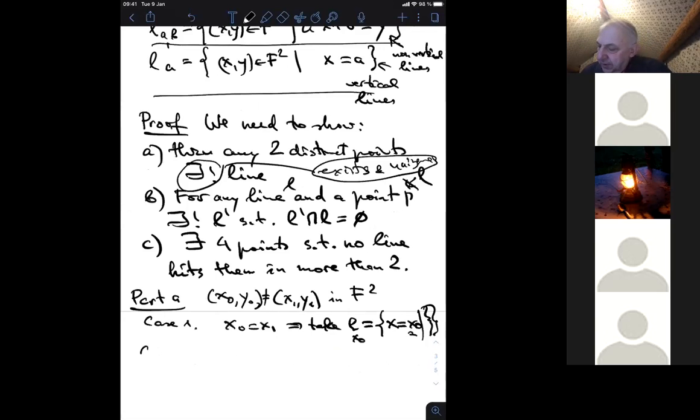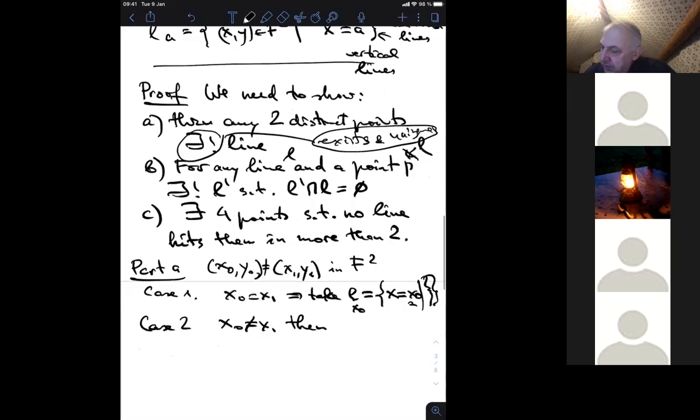Now, if x0 is not x1, then we can take the line with the slope given by (y1 minus y0) divided by (x1 minus x0) and shift y0.